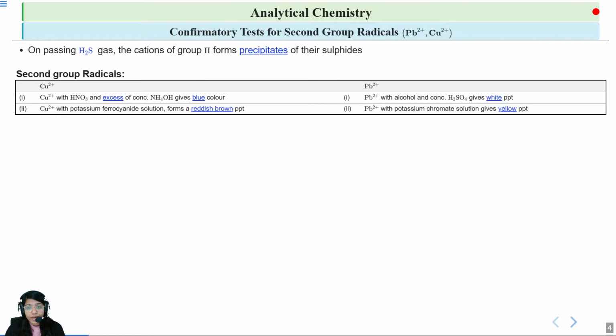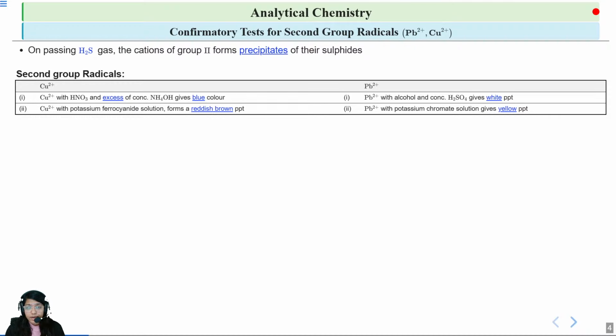While with potassium ferrocyanide, when copper ions react with potassium ferrocyanide, it forms a reddish brown precipitate. And this reddish brown precipitate is of which compound? It is of Cu2[Fe(CN)6]. On the other hand, for Pb2+, when Pb2+ reacts with alcohol and conc H2SO4, that is conc sulfuric acid, it produces a white precipitate of lead sulfate, PbSO4.